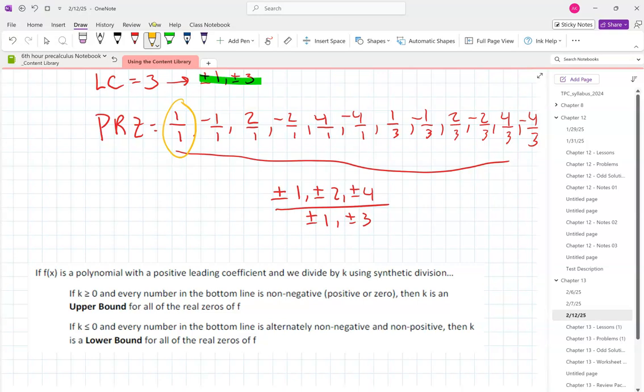If I got a bottom line of all non-negative numbers, that would tell me 1 is an upper bound, so 2 and 4 and 4/3 couldn't be my answers either. So I wouldn't just cross one number off my list of possibilities, I got to cross 4 numbers off. Which ain't nothing.